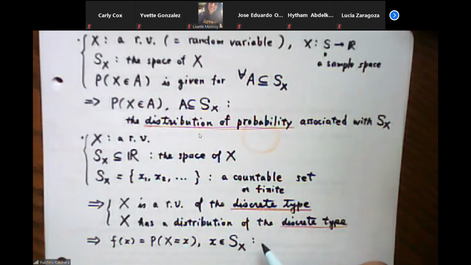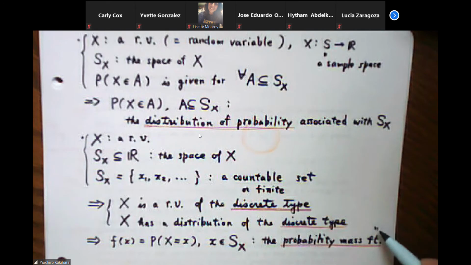So this function is called the probability mass function. Function is abbreviated as f-n dot. Probability mass function. F-n dot means function's abbreviation.